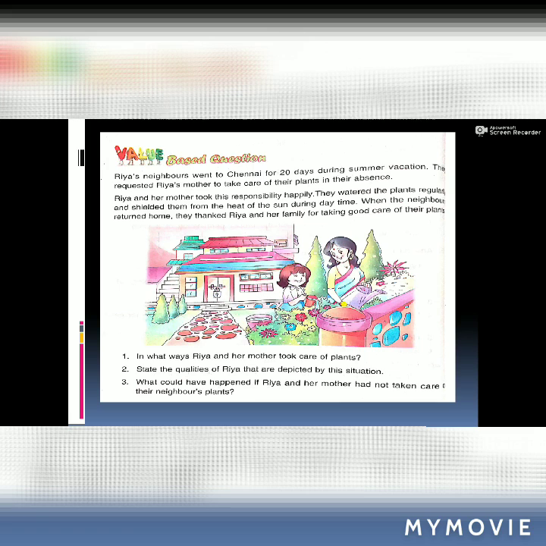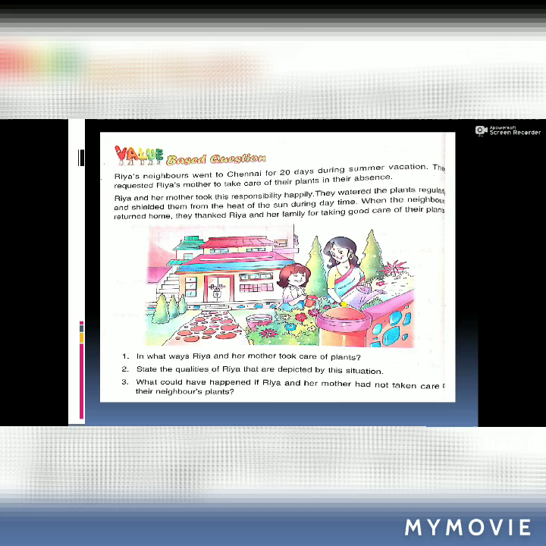When the neighbors returned home, they thanked Ria and her family for taking good care of their plant. Okay, so I think there is no confusion in this small story. Then you have to solve the questions.